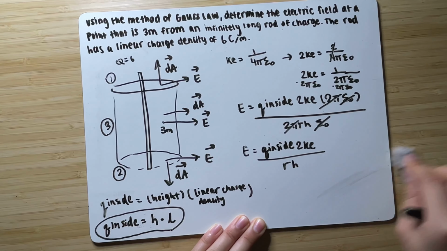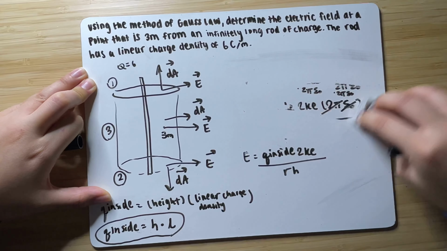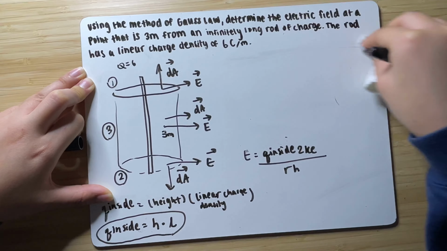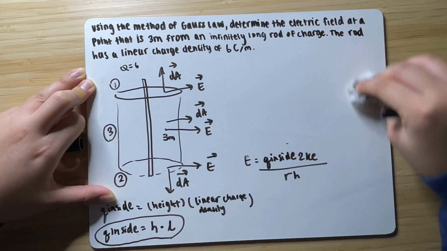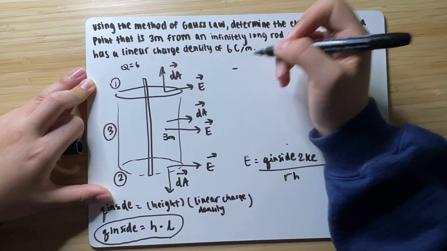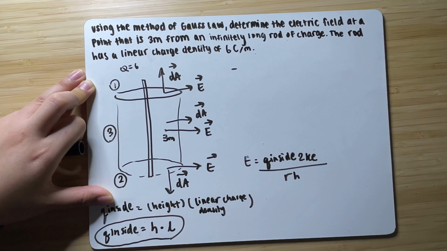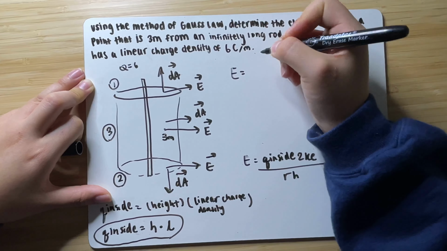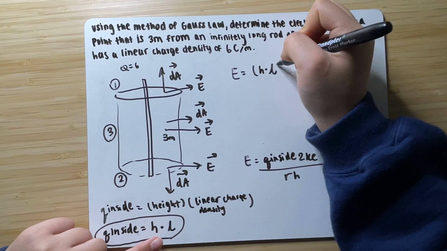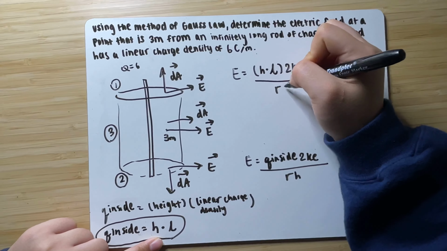Therefore, let me erase this part to create more space. E is going to be equal to Q inside, which is height times lambda, 2ke over radius times height.